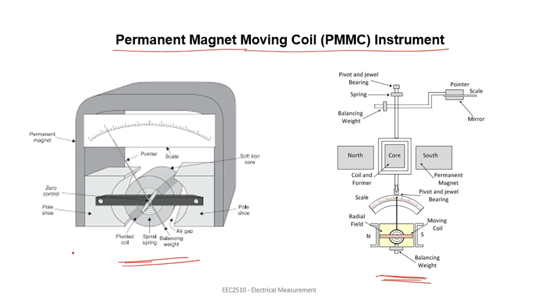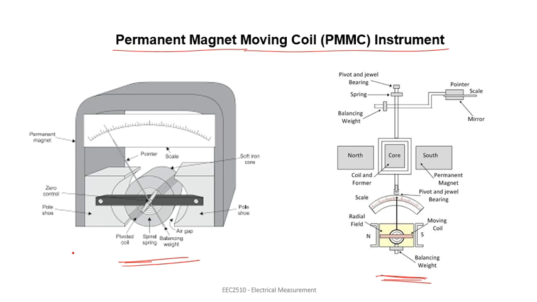The terminals of the PMMC instrument are identified as plus and minus polarity to indicate the correct polarity for connection, and the instrument is called a polarized instrument. I also told in the beginning that this PMMC instrument cannot be used to measure AC quantities or alternating current.